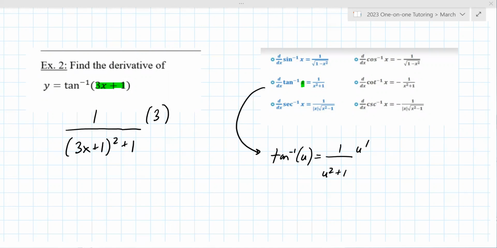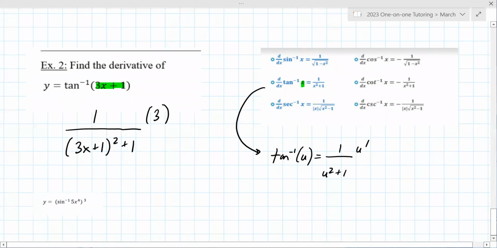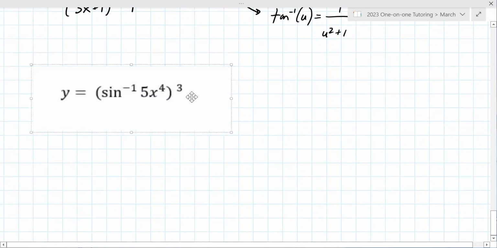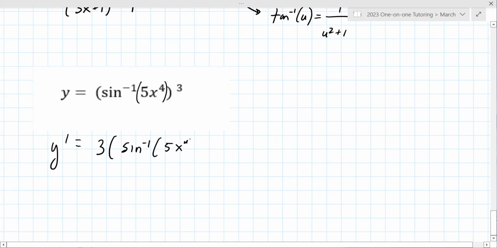All right, so the next one here, example 2, more problems here. The way to look at this one is that it's a power rule followed by a trig rule followed by a chain rule. So the derivative starts with the outermost function, 3 sine inverse of 5x to the fourth, to the power of 2. Now you take the derivative of arcsine.